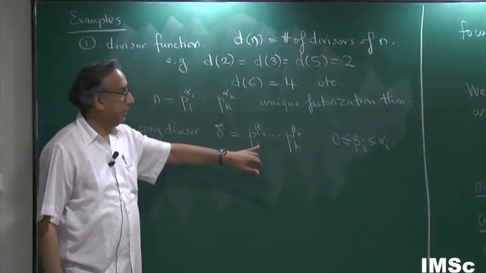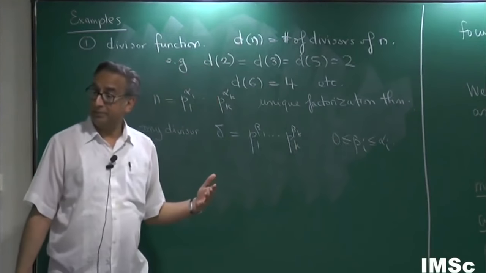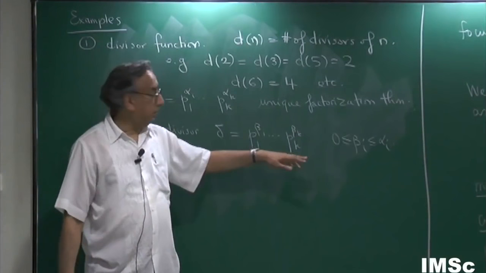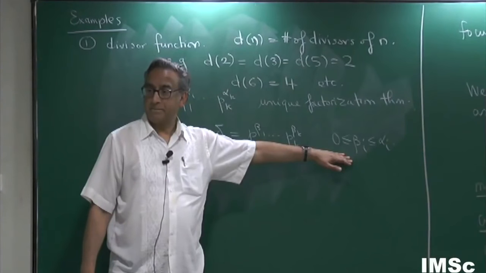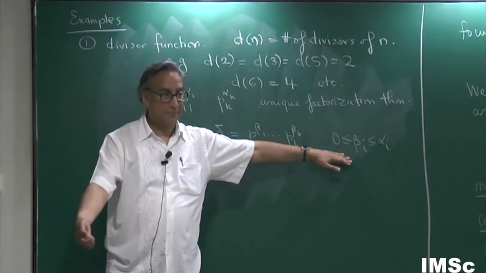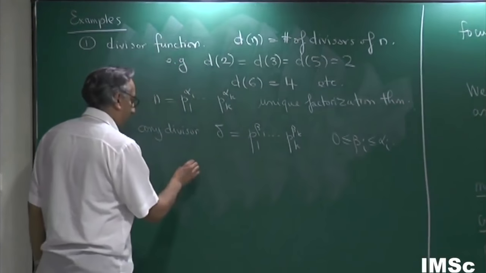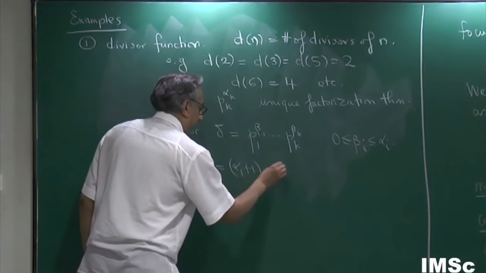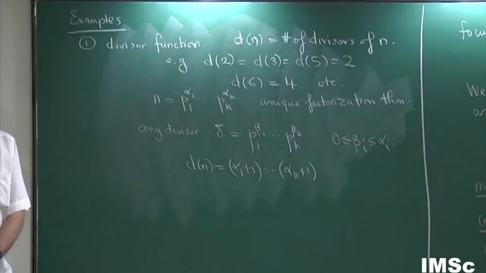Any divisor looks like this. Conversely, if I pick any such number with this restriction, it'll be a divisor. So there's a one-to-one correspondence between divisors of n and all numbers of this type. Therefore, how many choices of beta i do I have? Alpha i plus 1, exactly. So there are alpha i plus 1 choices for each of them. Therefore, we have an exact formula for d of n. That's the number of divisors.